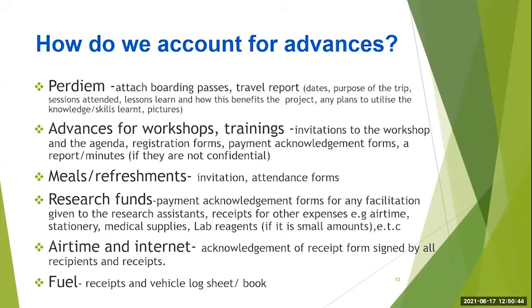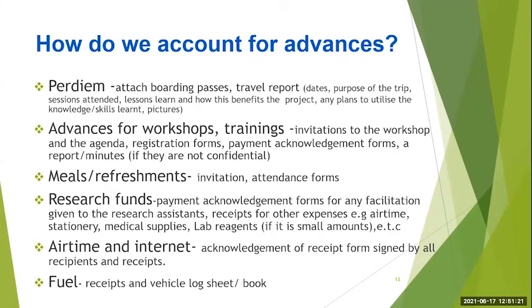So if you buy airtime and internet for staff, it's really important. I know with internet, if one has a MiFi, definitely the company can send a receipt. But for airtime, we usually use the booth, those people who sell at maybe the MTN booth or Airtel. So those people give us receipts, but that's not enough, because you might go there and buy that airtime meant for your staff and you use it alone.